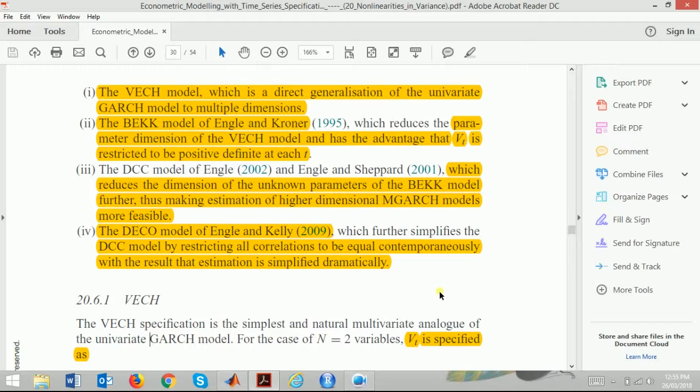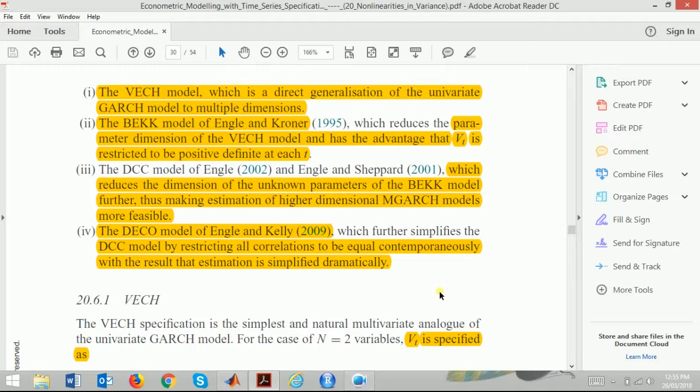Then we have the DCC model, which reduces the dimension of the BEKK, so it's an update on the BEKK, and also makes estimation of higher dimensional M-GARCH models possible. Then the DECO model, we'll end with the DECO model, that simplifies the DCC model by restricting all correlations to be equal contemporaneously, with the result that estimation is simplified.